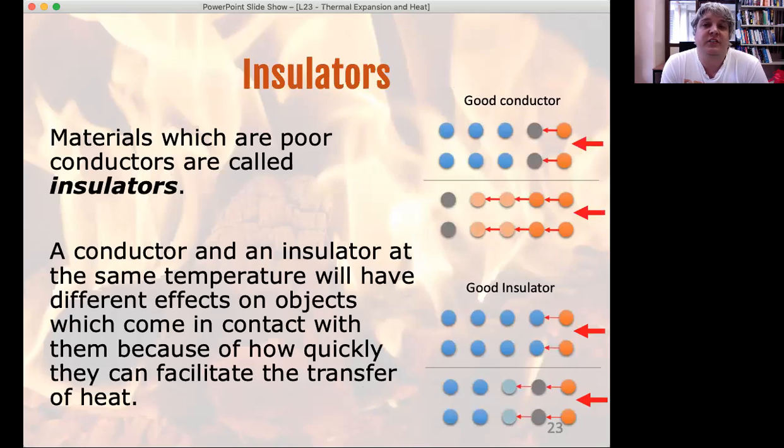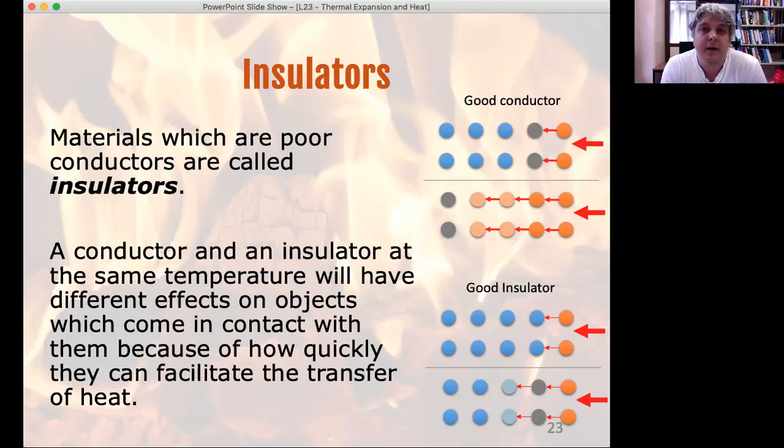Insulators are just things which are not good thermal conductors. So if we have poor conductors, they are good insulators. A conductor and an insulator at the same temperature will have different effects on objects which come into contact with them because of how quickly they can facilitate the transfer of heat. If you have a good conductor and you push another object up against it, the good conductor will give that other object plenty of energy.